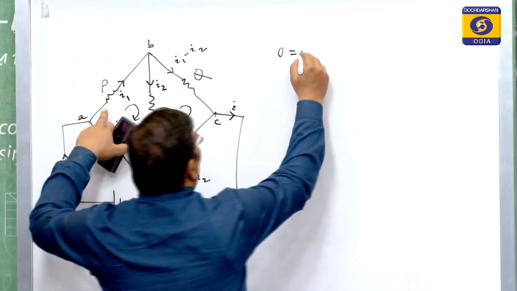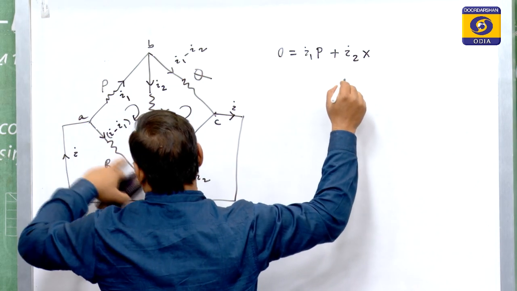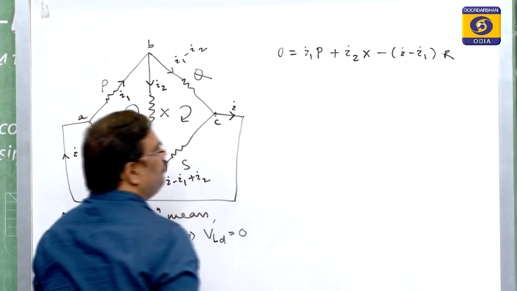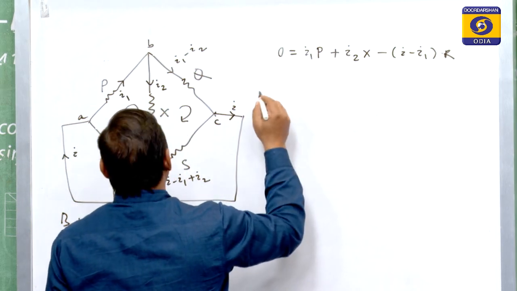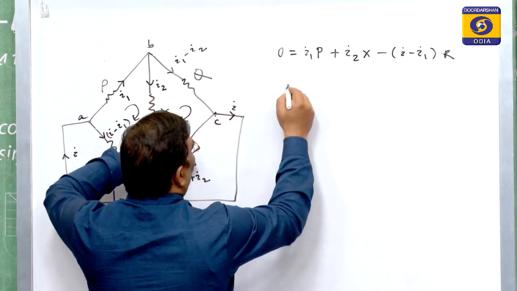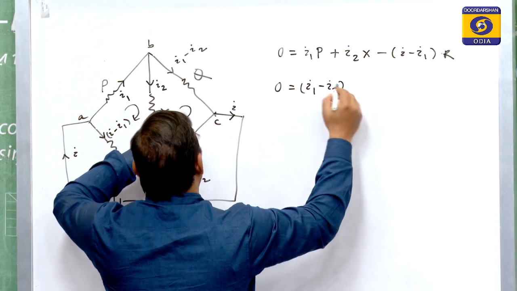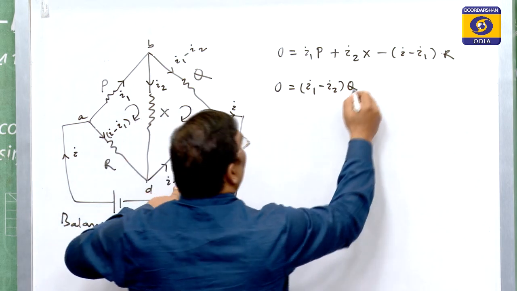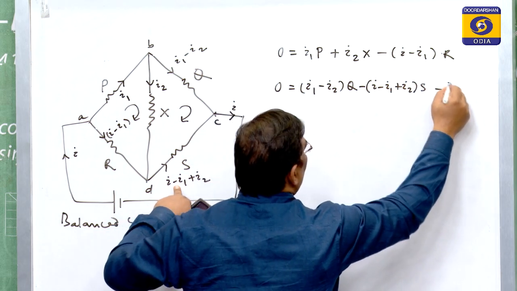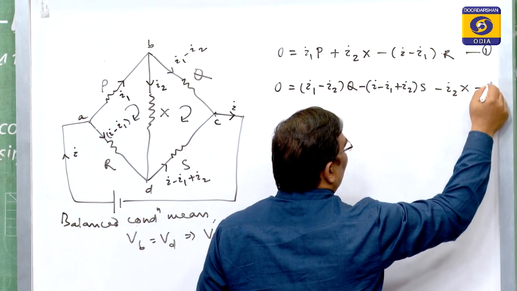So, 0 equals I1P plus I2X minus I minus I1 into R. And similarly, in the second mesh, what I get is 0 equal to I1 minus I2 into Q minus I minus I1 plus I2 into S minus I2X. This is my equation number 1 and this is my equation number 2.